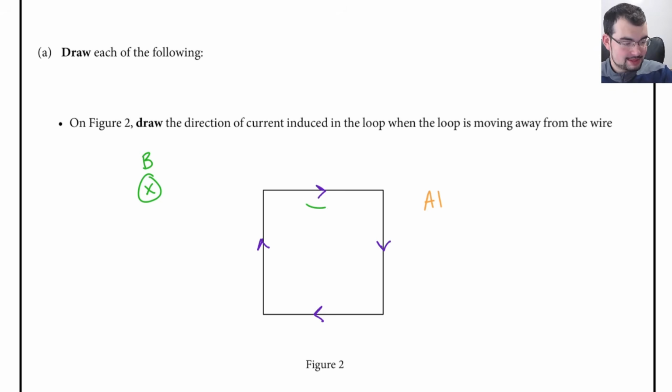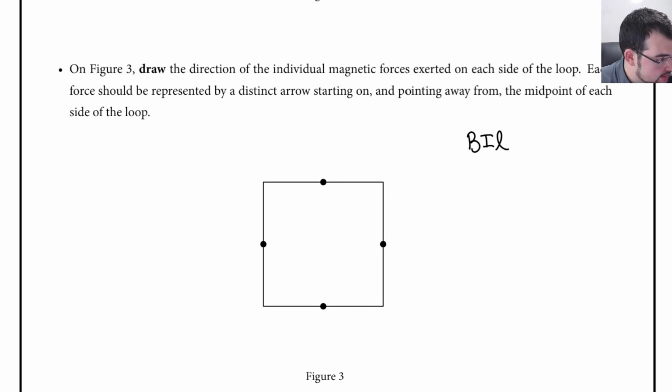Then if I go to my top, qv is to the right, so thumb is right, cross B is into the page, so I'm slapped up. And then we can get the idea from there by symmetry. So we have left, we have up, and then by symmetry, since the current is just going in opposite directions on the other side of the loop, it just reverses.